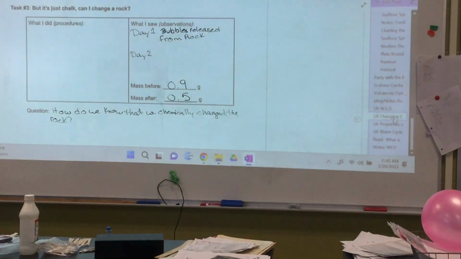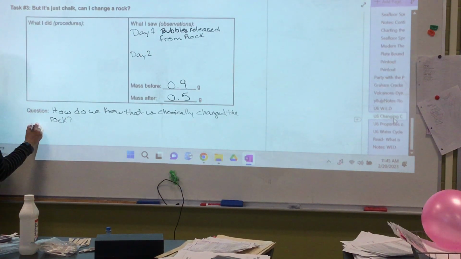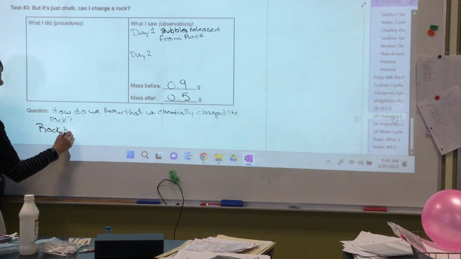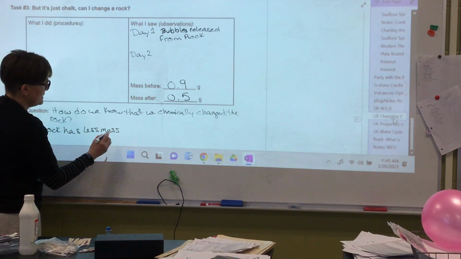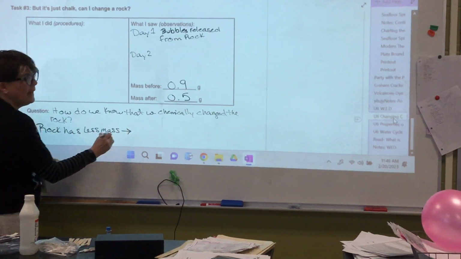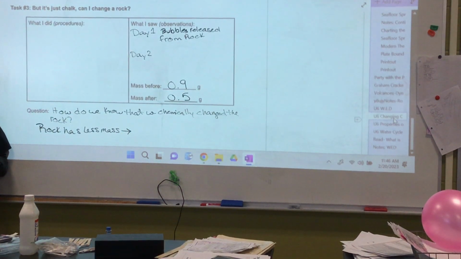So can someone tell me, what are some clues that tell us we actually did chemically change the rock? Yeah, it has less mass. Rock has less mass. And because it has less mass, what does that mean happened? What did the rock lose? Mass, okay, yeah. But it changed itself.